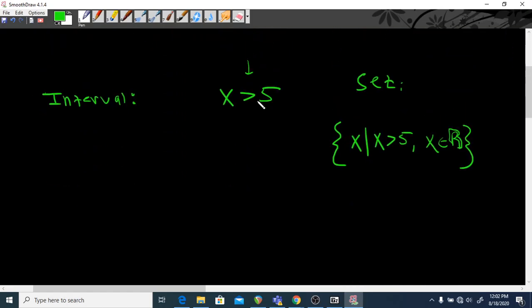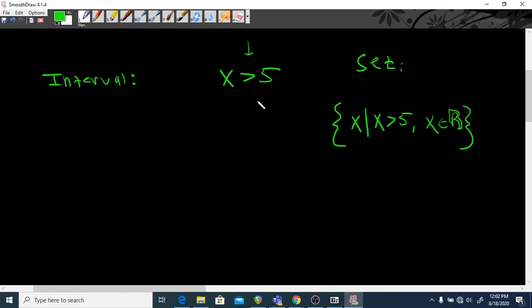And so the way that we exclude 5, because we don't want 5, but we do want 5.00000000001, for example, is we use parentheses. 5 to infinity, like this.